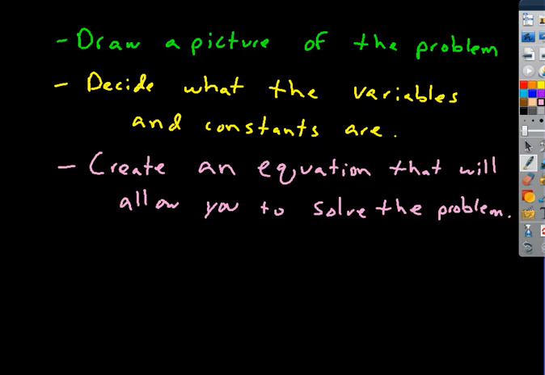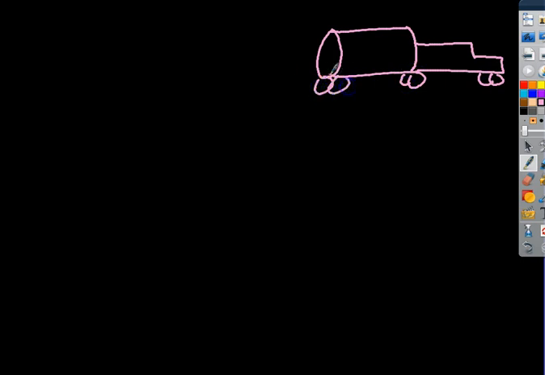Let's go back to the problem we talked about. You have it written on your page, so I'm going to use the fact that I have it written down too to start creating our picture. So we've got some tanker truck. It has an oil spill. This is my tanker truck, it's probably an 18-wheeler. It's spilling oil from the back of the truck, and the oil spill is creating a circle.